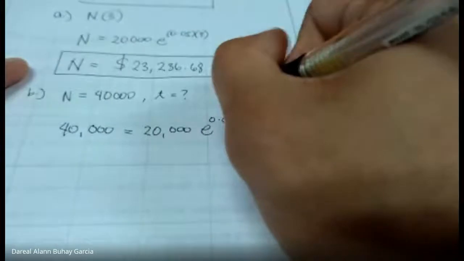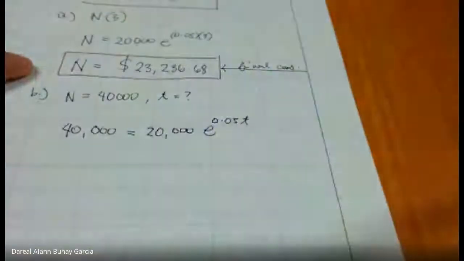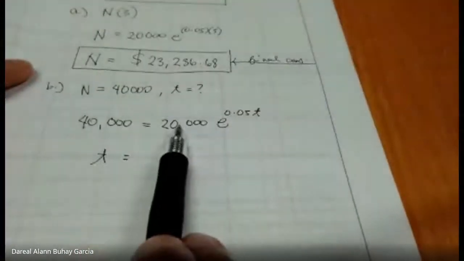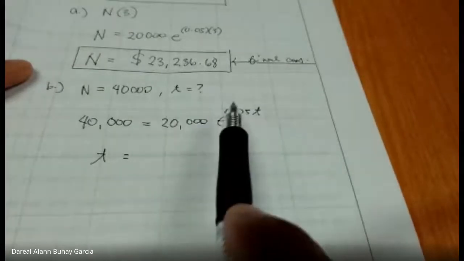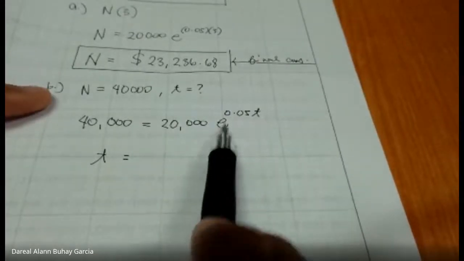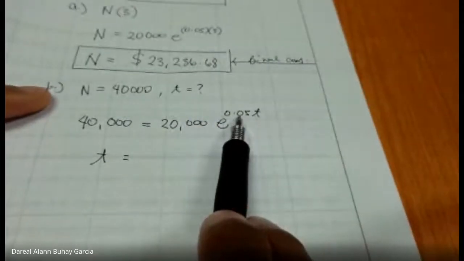Kung kaya sa calculator, kung dili, pwede naman ni mano-mano. 40 divided by 20, ln, para mawala si E. Then, divided by 0.05, I think. No? Yeah.